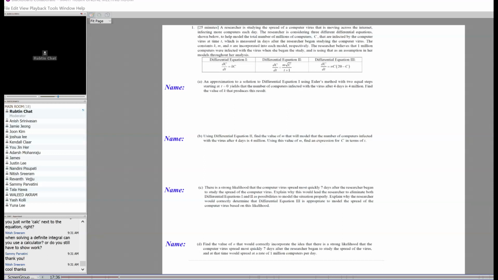I squished it all on one page just because I didn't want you guys to have to be flipping pages and stuff. So you might want to work on this. I would certainly discuss it. If you guys want to do all the parts and then divide it up, that would be smart. But I want to give you sufficient time. I'm going to actually time it and give you 25 minutes, despite the fact that, obviously, you're not going to have a couple of people working with you.